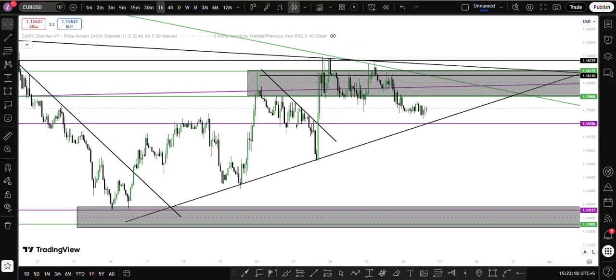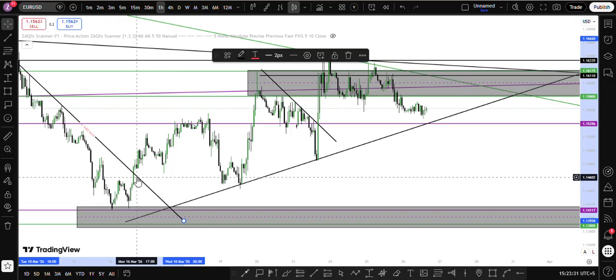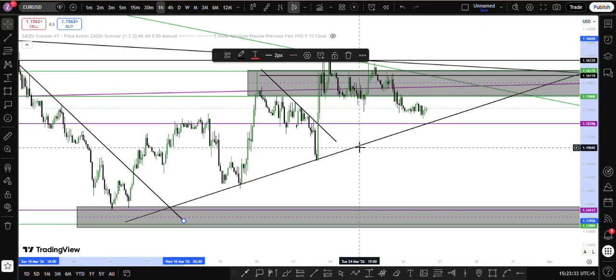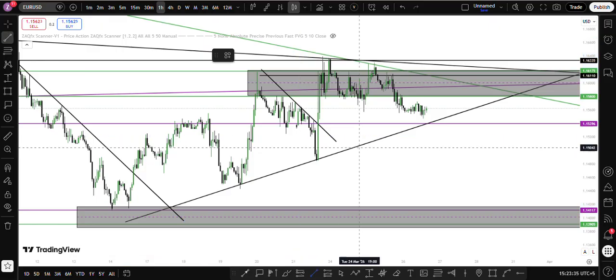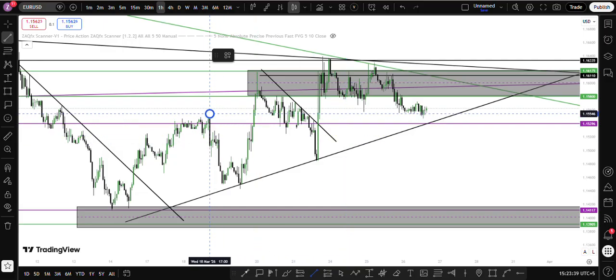Very simple analysis. So here would have been a very nice entry for a buy right there. And then there was another one here. If you are aggressive, see right here, there's another buy.